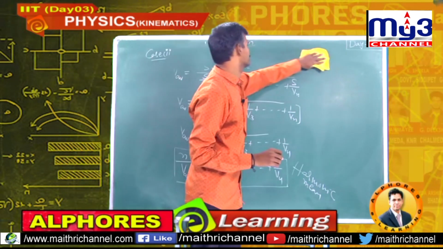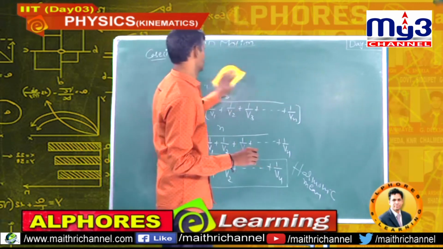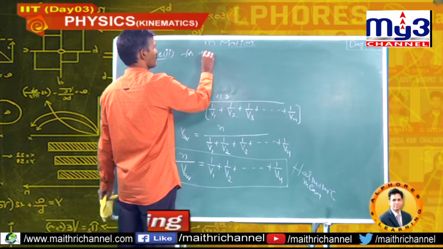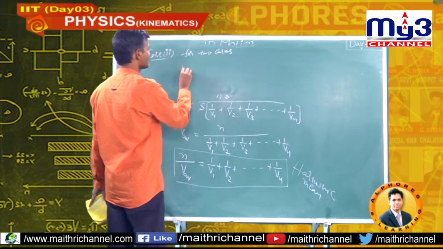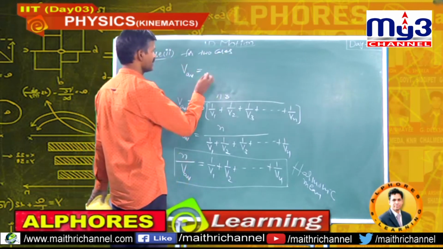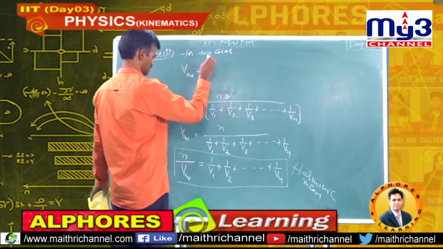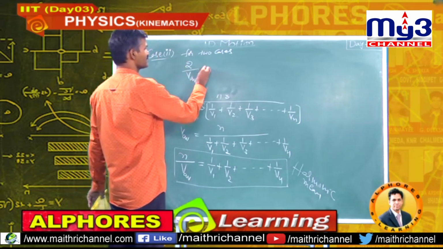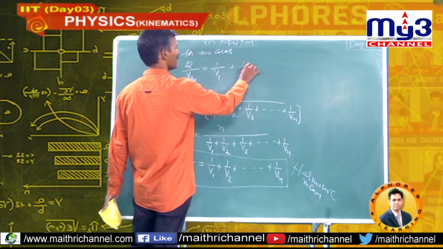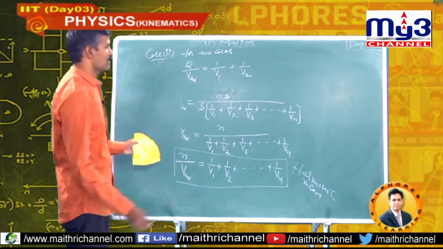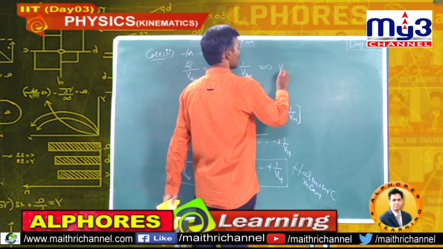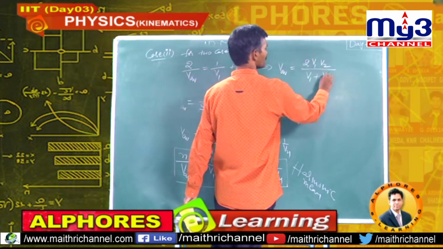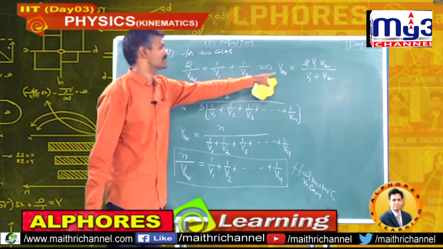If we consider two cases, the average speed becomes 2 by V average is equal to 1 by V1 plus 1 by V2, or it can also be written as V average is 2 V1 V2 by V1 plus V2. This is the average speed for two cases.